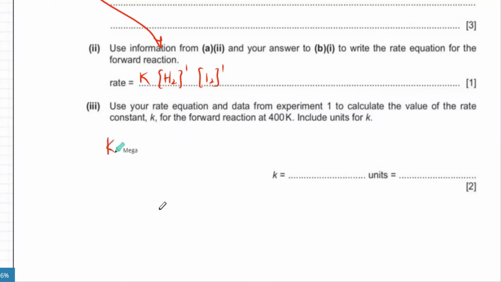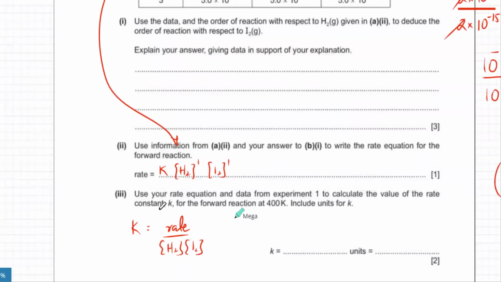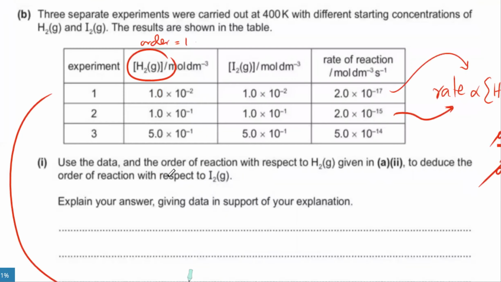K would be, if I make K the subject of the equation, rate divided by the concentration of H2 and the concentration of I2. So rate is what, mole per dm cube per second. I mean, they gave the units as well. You're going to use their units. Sometimes these things are given in pressure as well.